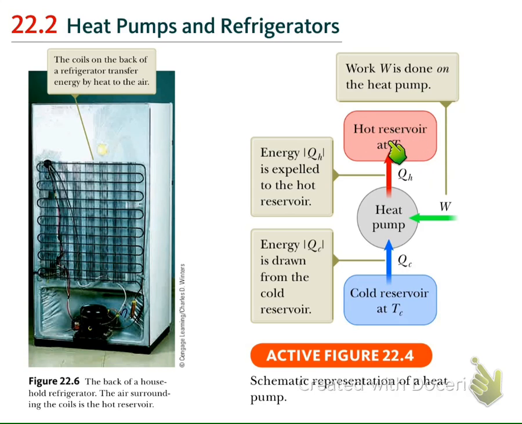For example, we want to pump the heat from the surrounding air and put it inside the house to warm up the house in the winter. So this is the second mode of the heat pump.